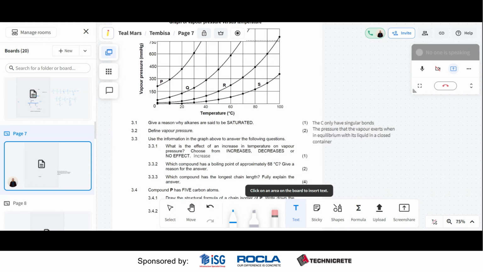Well, if you had to analyze this, the easiest way to look at it is the fact that the vapor pressure at which the temperature equals zero would be the boiling point.